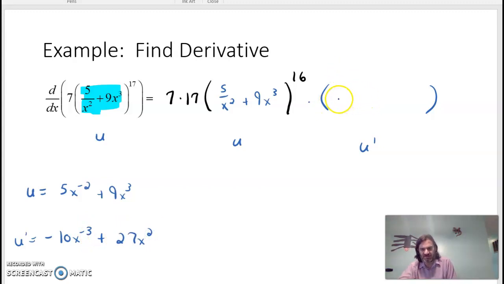If you want to clean that up, you can, but it's negative 10x to the negative 3 plus 27x squared. So we used the power rule, but instead of having just x in there, we had an expression, so we tacked that on toward the end. So we're implementing the power rule into our traditional function-specific rules.